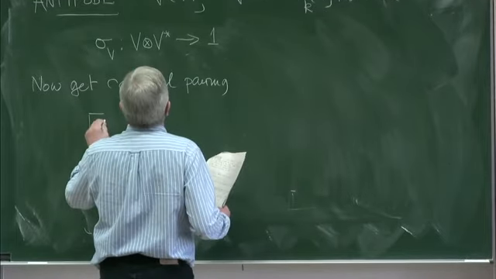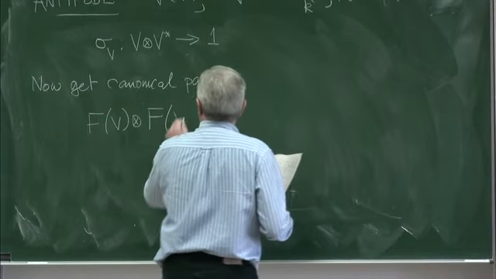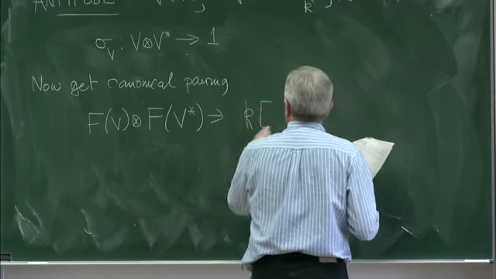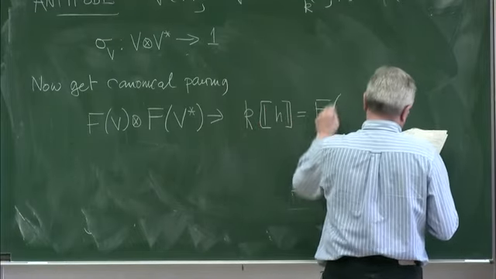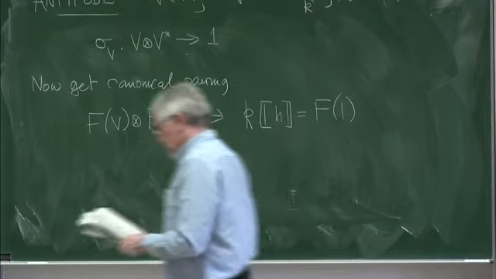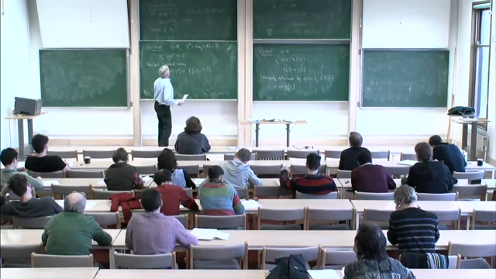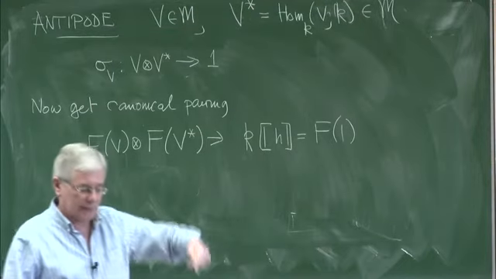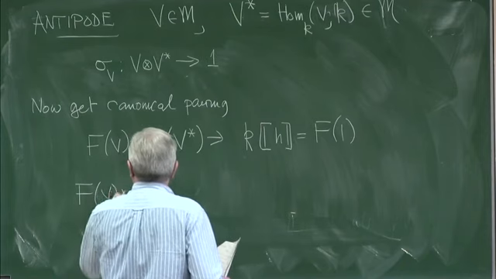F of V. Okay, and again, you think you know what I'm going to write down. I'm just going to apply F to this thing, but of course I'm going to twist it. So this is given by F of V tensor F of V dual.